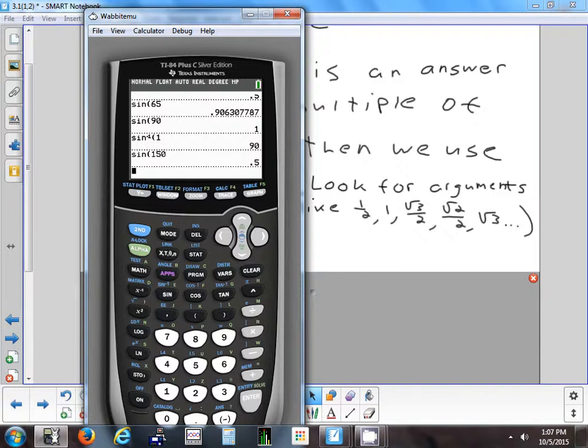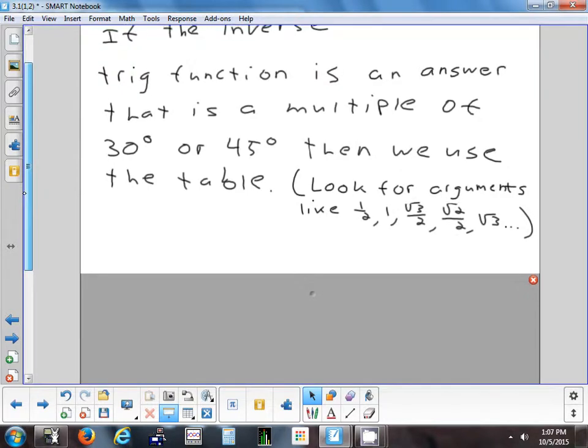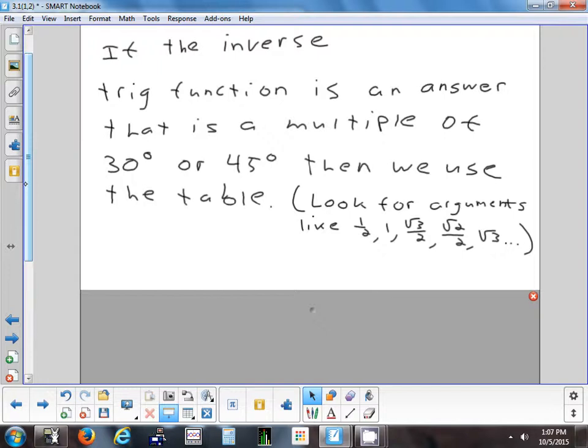There's no inverse secant, inverse cosecant, or inverse cotangent. We can still use the calculator to do it. I'm going to show you how that works. That'll be at the end, very last thing we do. All right, so questions on when you use this table and when you don't.